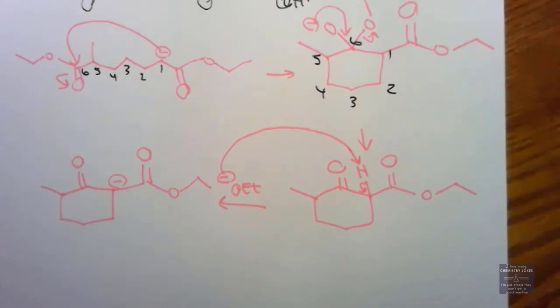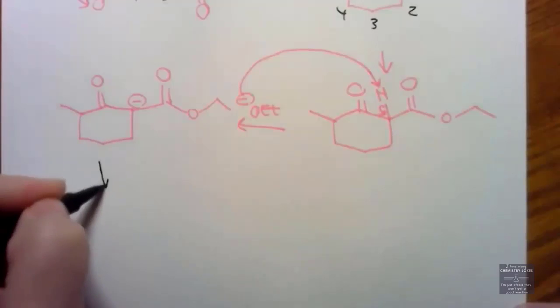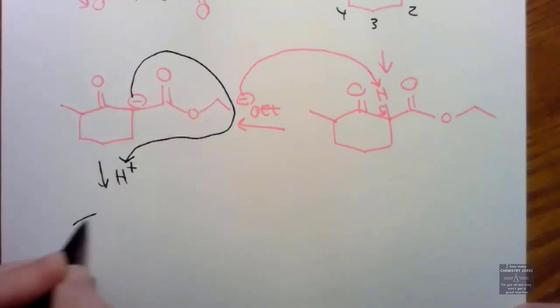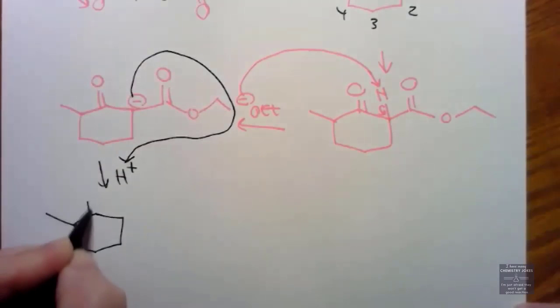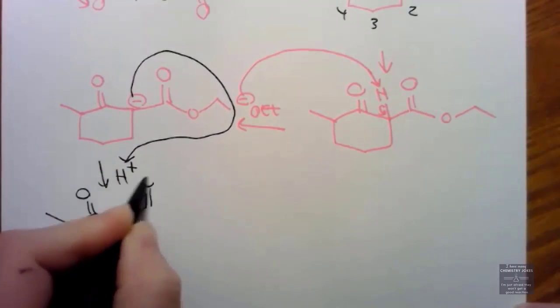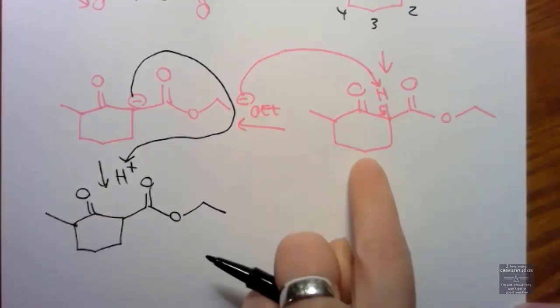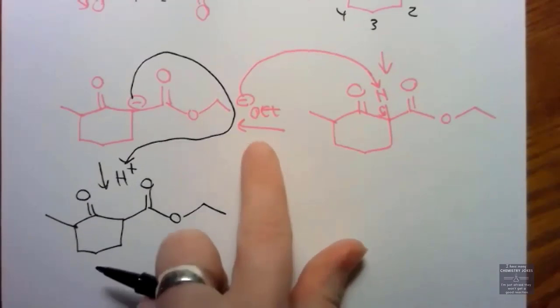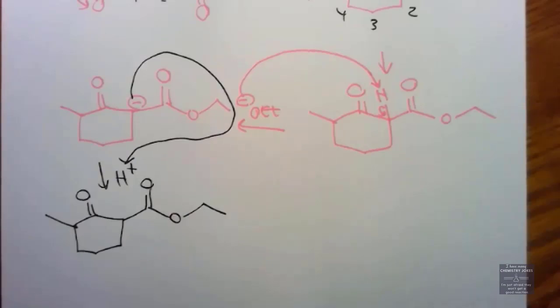Because it's between 2. And then you add acid workup to get you this final product, which is actually identical to this pink one over here. But Claisen does not work unless you've got 2 alpha hydrogens. This step is irreversible so that you can get some appreciable Claisen product.